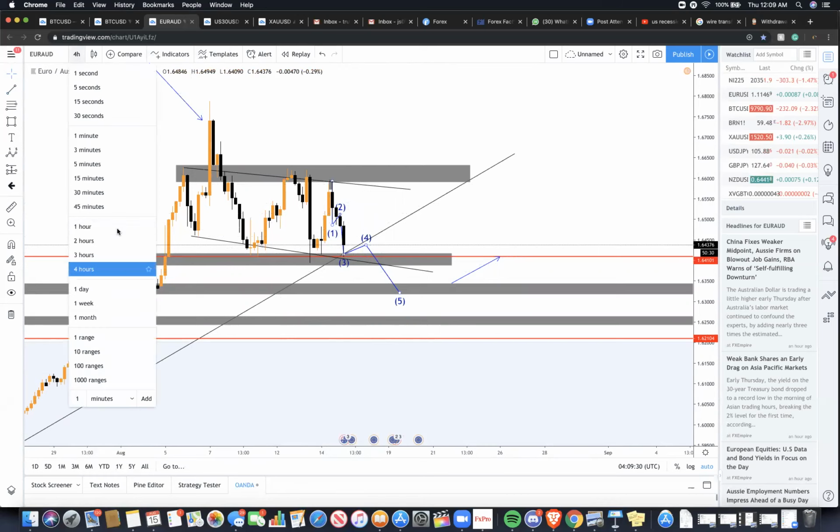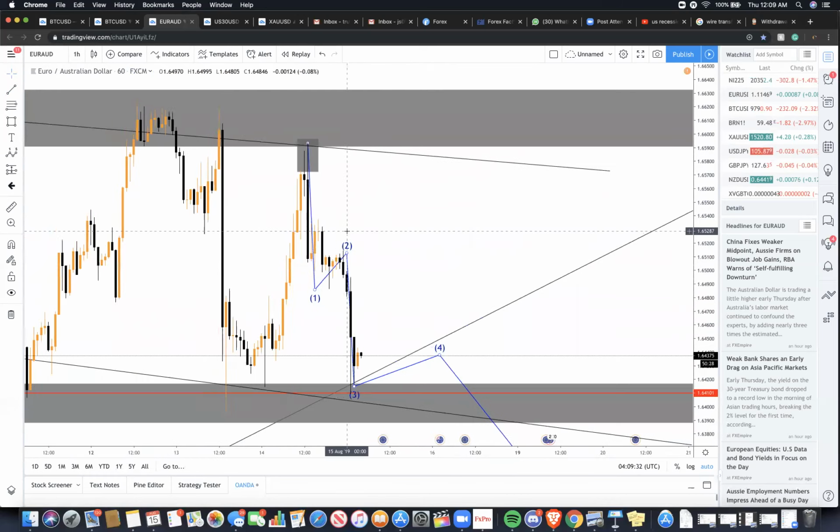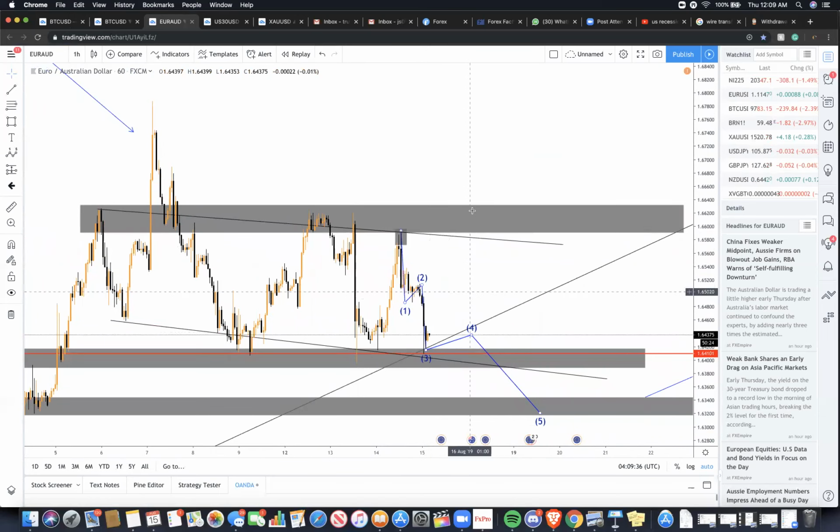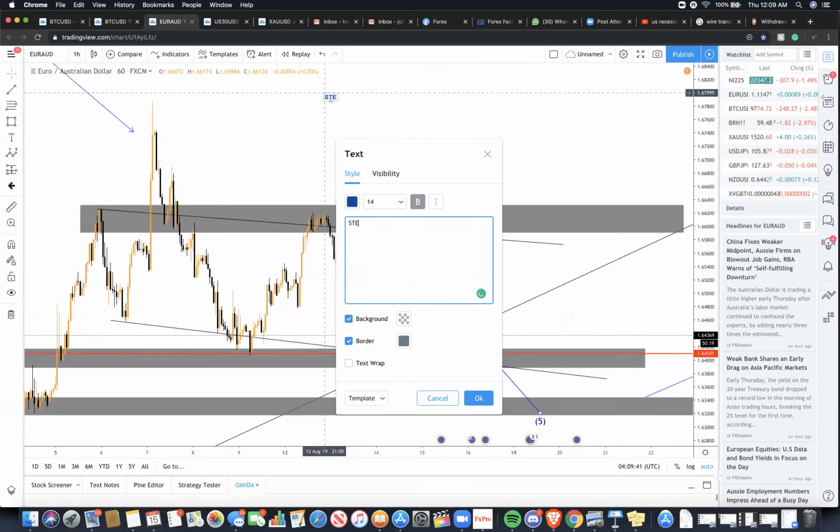So in the 1 hour time frame, we're looking for signs of reversal. We're not looking for continuation of the long-term uptrend. And I'll write that down. In step 2, we're looking for signs of reversal, not continuation.